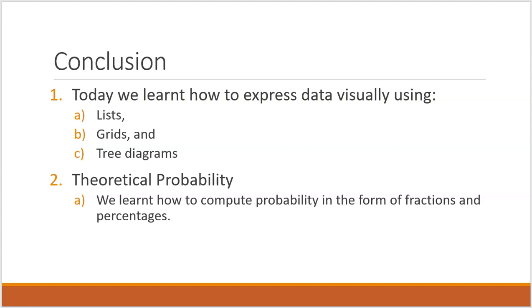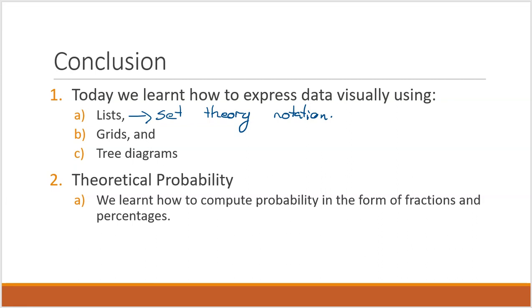So in conclusion today, guys, what we learned was, firstly, how to represent our data using lists. So again, this was simply using set theory notation, stuff we did in learning intention 2. Nothing too difficult there. And then we learned how to represent data using grids, so this would be two-dimensional data.